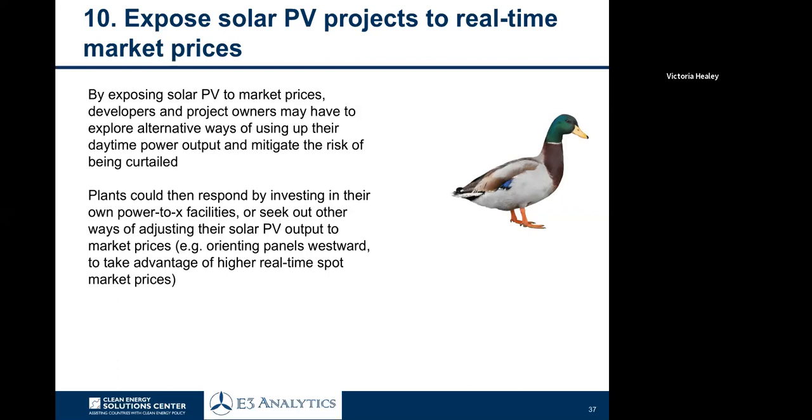When solar power projects get out of that contract period and are exposed to market prices directly, then there's more of an incentive to produce power during the early evening hours, which may lead to future projects actually being built to orient westward. And we're starting to see that in Germany. Germany has seen some of its first westward facing solar systems going up in recent years.